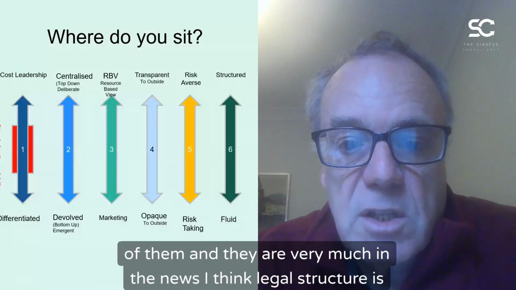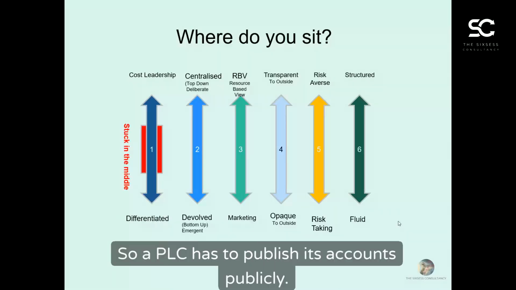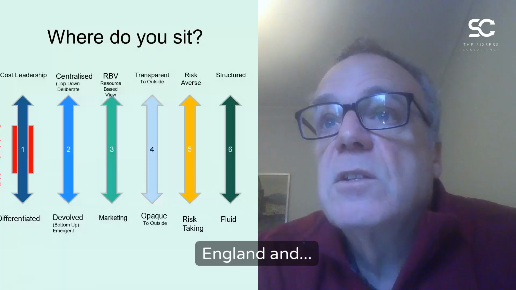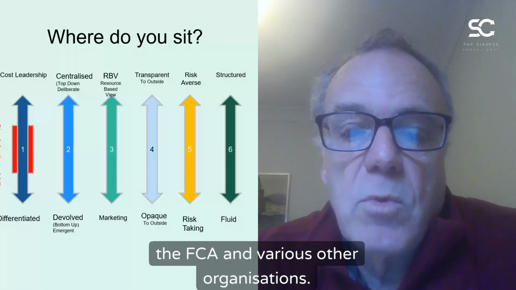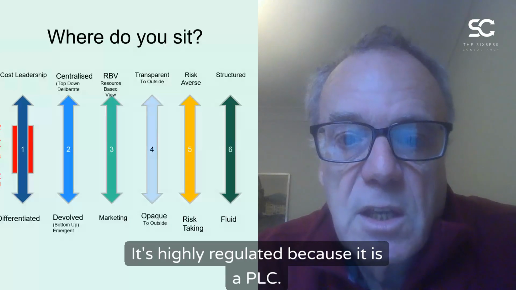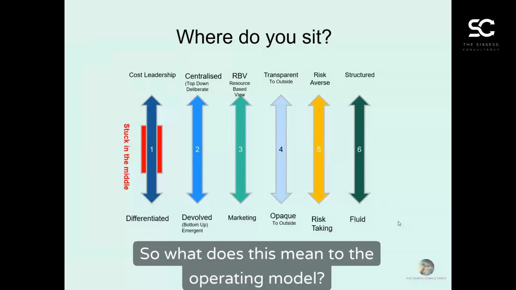I think legal structure is important here. So a PLC has to publish its accounts publicly. It has to adhere to certain governance based on the Bank of England and the FCA and various other organisations. It's highly regulated because it is a PLC. So what does this mean to the operating model?